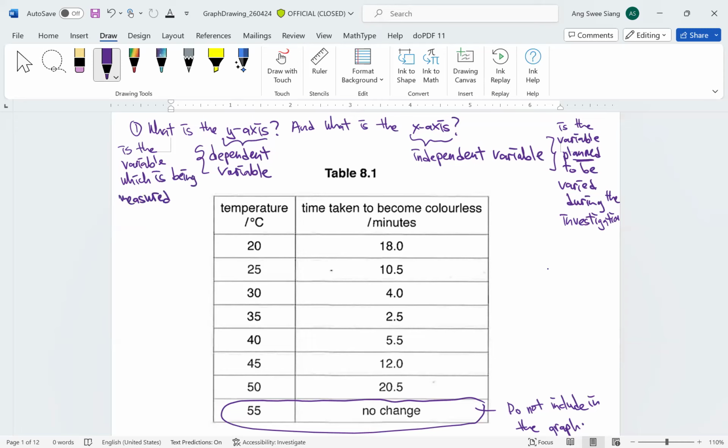If it's quantitative data that we are collecting, then we need to do measurement. If it's qualitative descriptive data that we are looking out for, then we just make observation. So the dependent variable is the variable which is being measured or observed during the investigation.